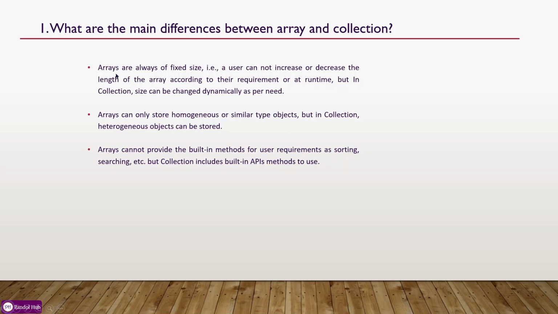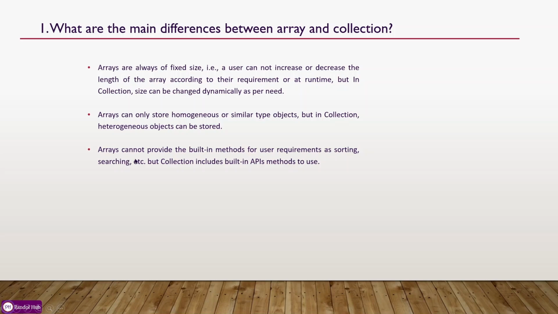So here it represents that once arrays are declared with one size, they are fixed and cannot be changed, whereas collections change their size dynamically depending upon the elements being added. Arrays can have only the same type of elements, whereas collections can have heterogeneous, different kinds of elements stored as objects.